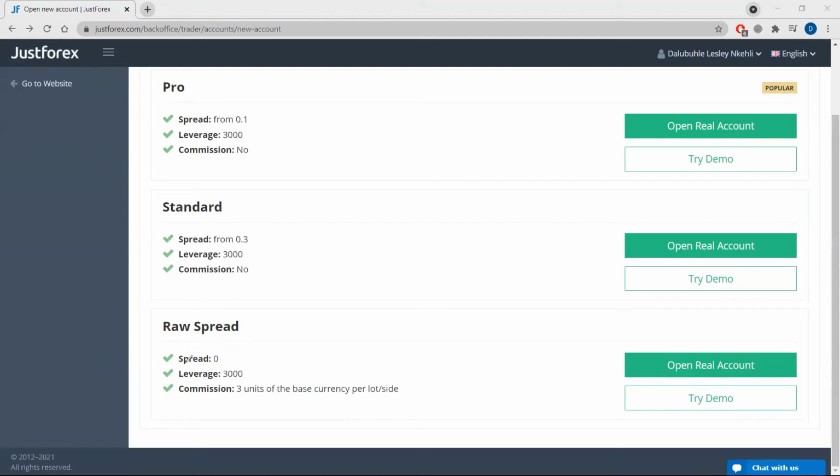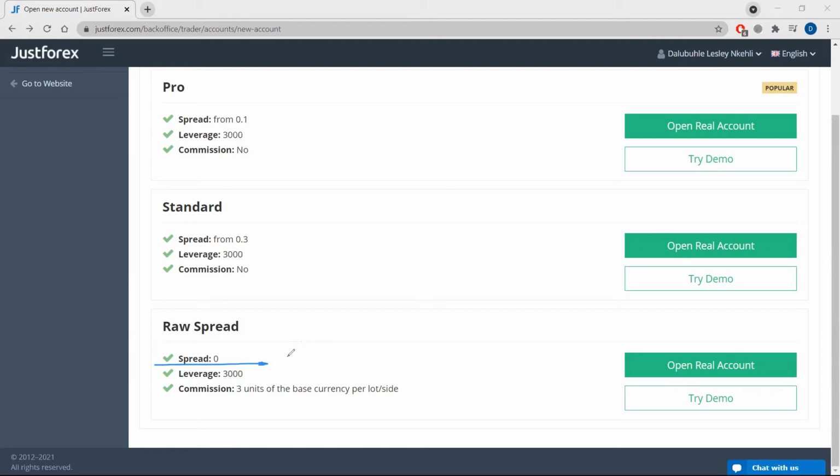On a raw spread account, you see the spread is zero. I'm going to explain the spread. Remember, I have to talk about the spread as well. The spread is zero. It means usually this is typical for trading fundamentals because they won't change the spread a lot. When you're trading news during events, spreads will change drastically.